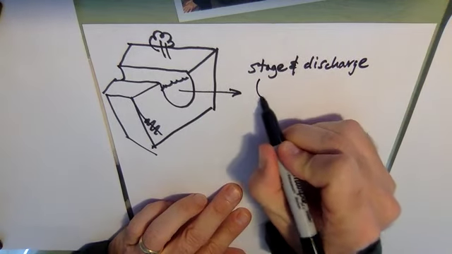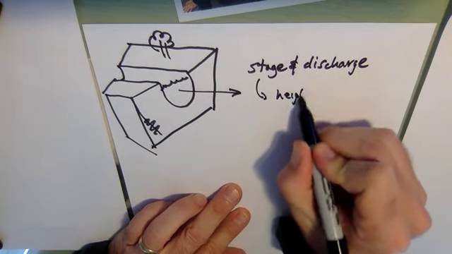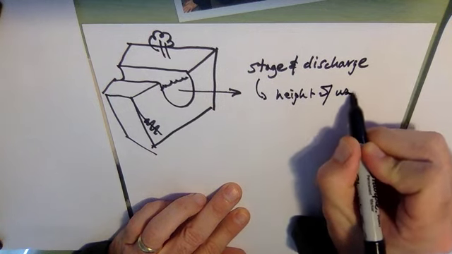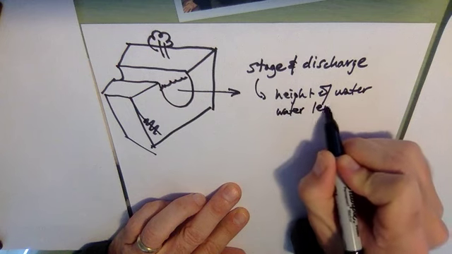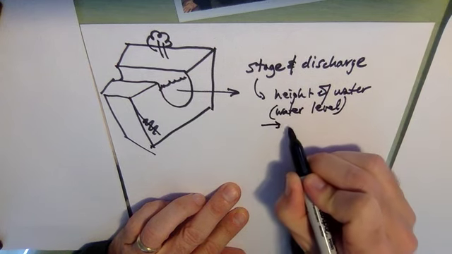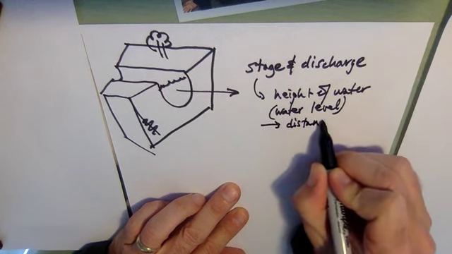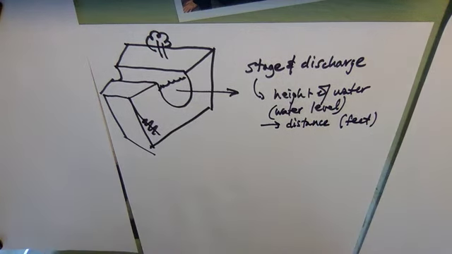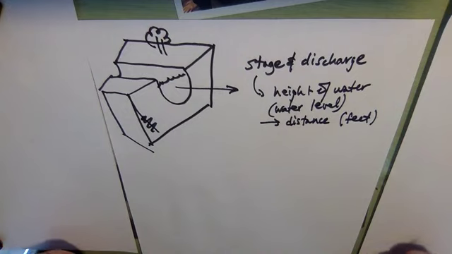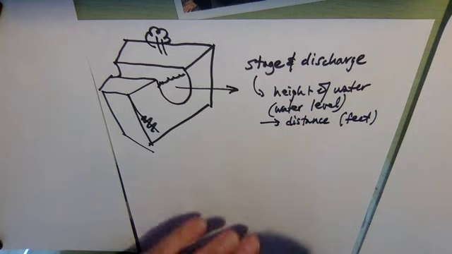So the stage is simply the height of the water level, the height of the water. And as a result, it's measured in distance units. In the States, that usually means feet, right? So if the stage is 31 feet, that would be 31 feet above some benchmark level for that stream.